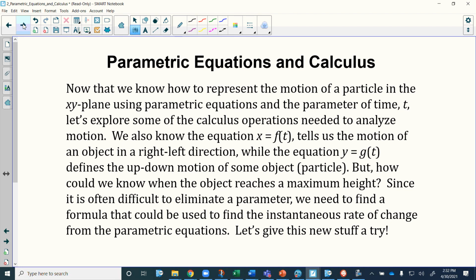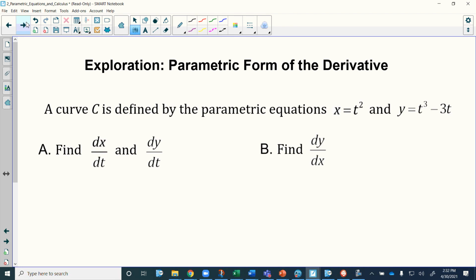So we can do the same thing here, meaning that we need to know how to find the derivative, or the instantaneous rate of change, of these parametric equations. And it's going to be a little bit different than what you would have done typically. It's not a brand new way of doing derivatives, it's just an extension of things that you already know for derivatives.